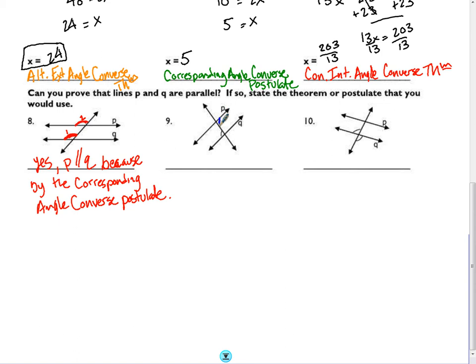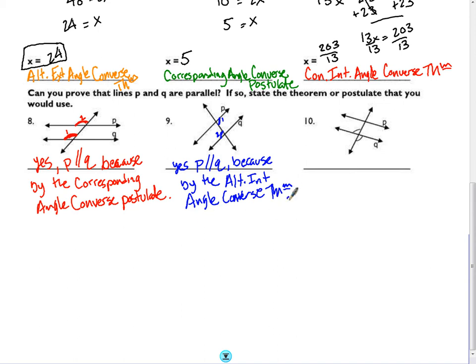And because they're alternate interior angles and they're congruent, we also can say that yes, P is parallel to Q, because by the alternate interior converse, or angle converse theorem, I would know those two lines are parallel.